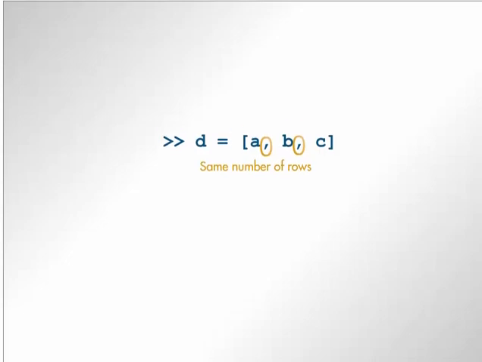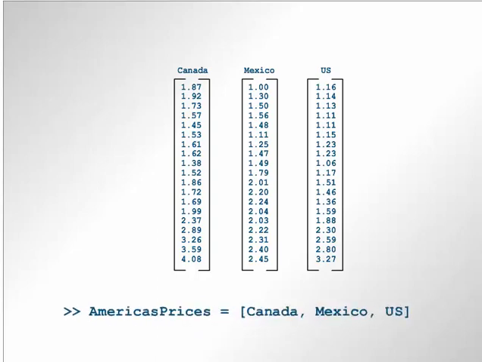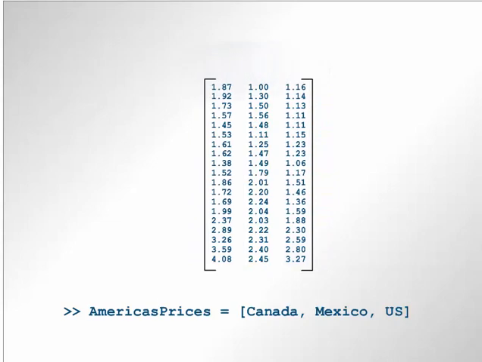If you are going to be performing analysis on the gas prices of different regions, you might consider combining individual vectors with the data of specific countries into one variable. The command America's prices equals open square bracket Canada, Mexico, US, close square bracket will combine the prices of Canada, the US, and Mexico into one variable.